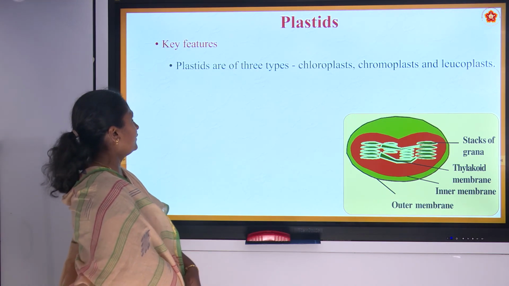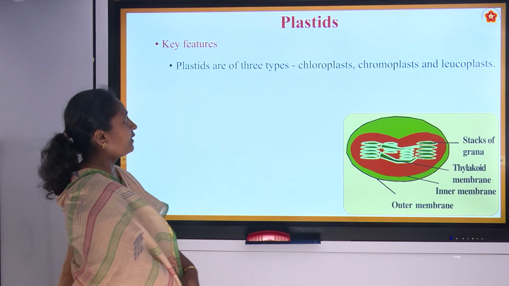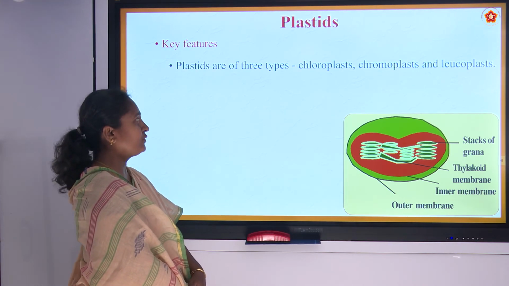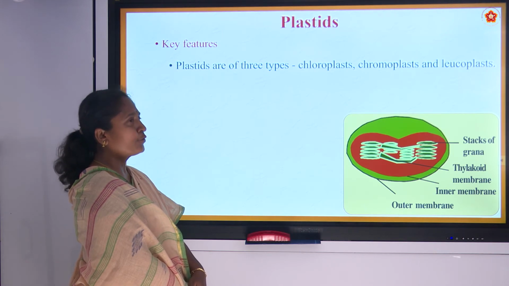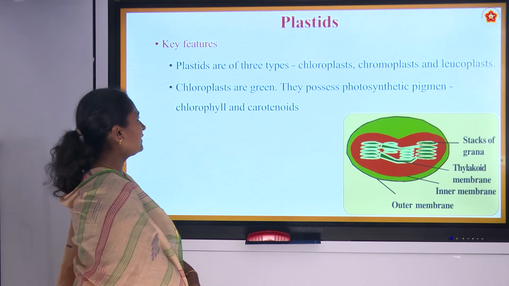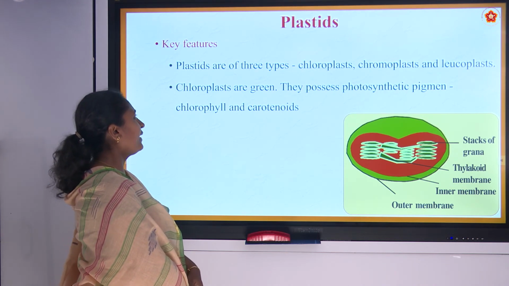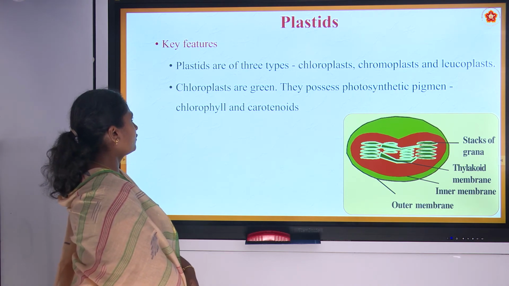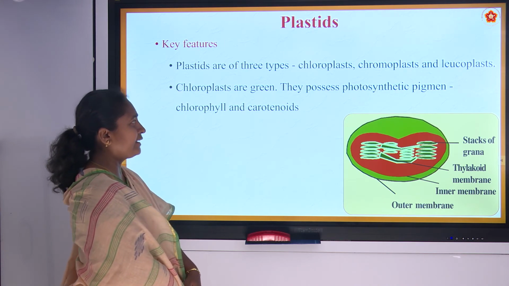Now the key feature is that plastids have three different types: chloroplast, chromoplast, leucoplast. Now we will see what those are. Chloro means green color in the ancient language. So chloroplast means it is green in color.